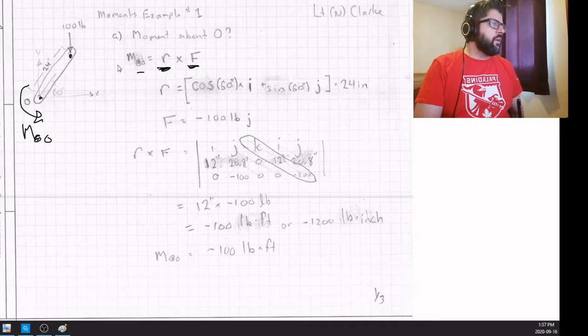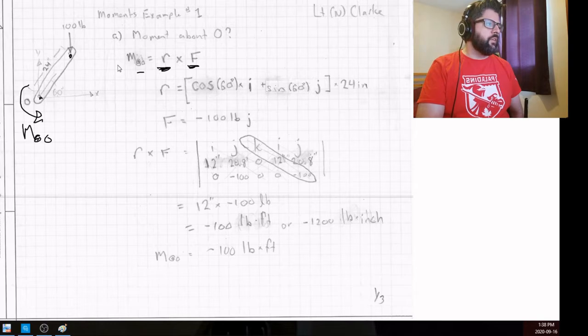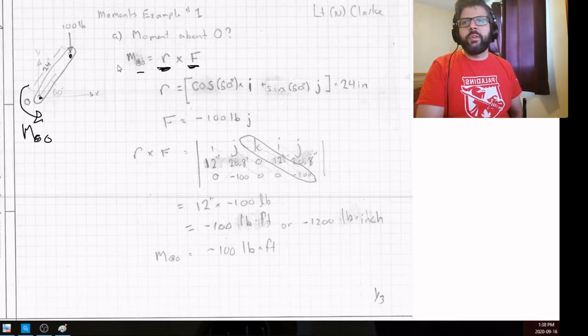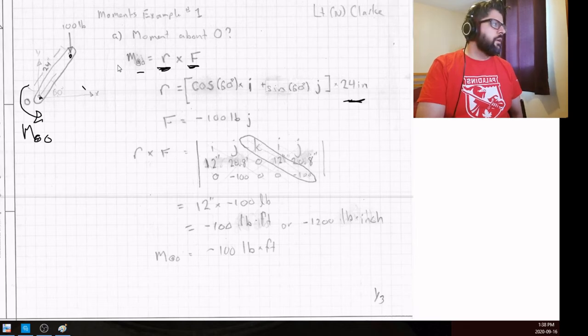So this displacement vector here, we can break up into its unit vector components, our I and J components. That'll be based upon the angle that this component forms between the x and the y axis, times a magnitude and its units.